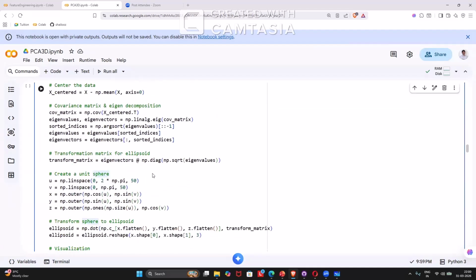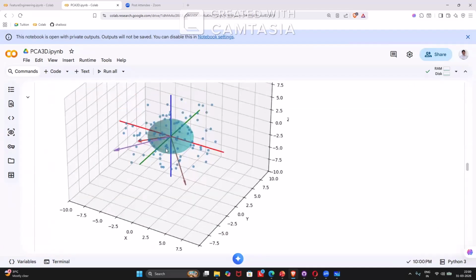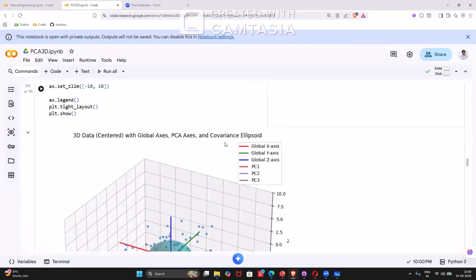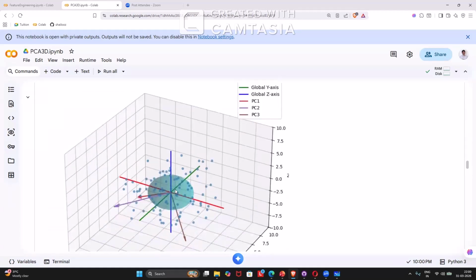After that, you can see a covariance ellipsoid. The ellipsoid has a major axis in the direction of the first component, the second major axis in the direction of the second eigenvector, and the third major axis in the direction of the third eigenvector.